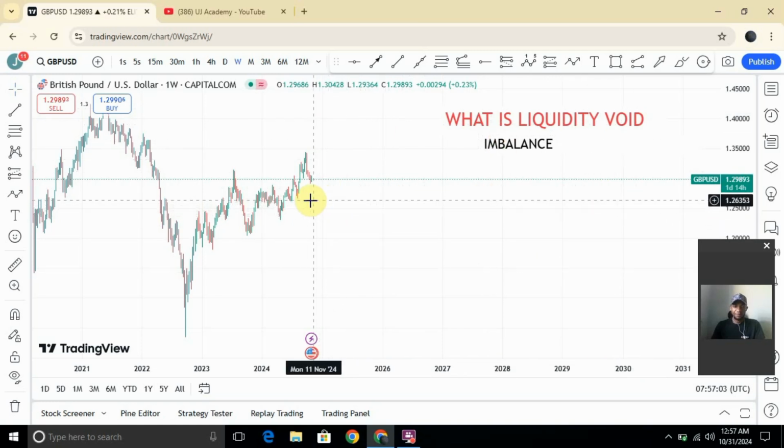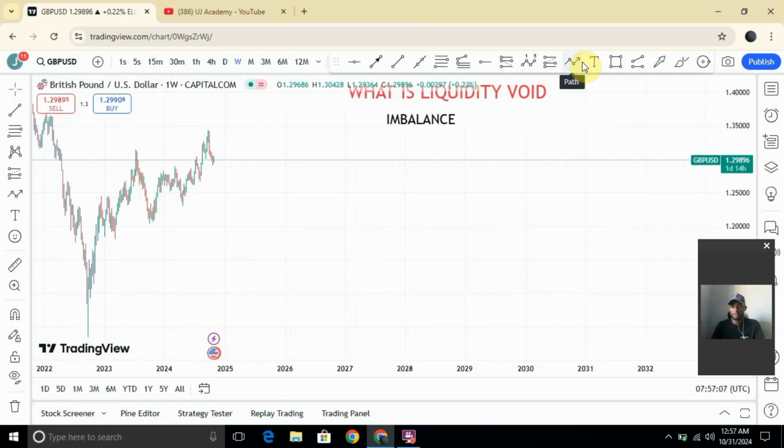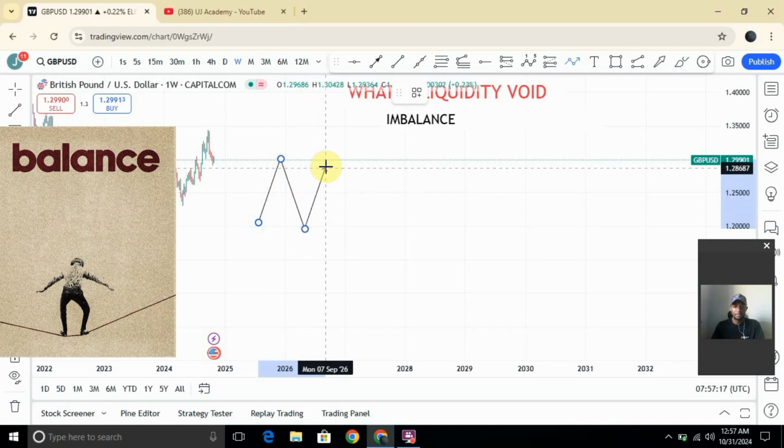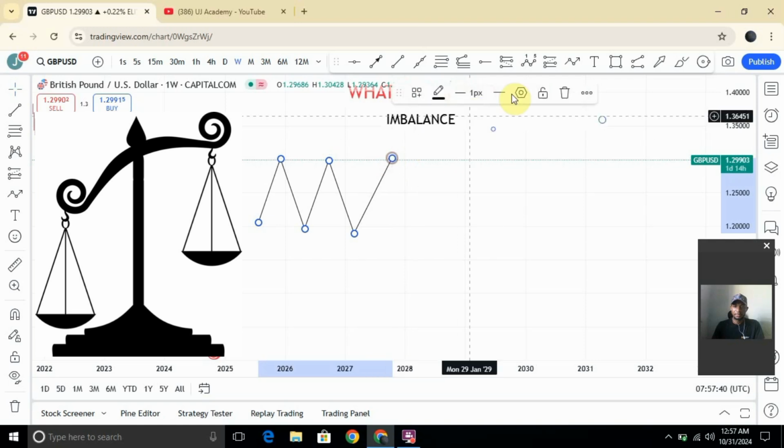Okay, let me give you a diagram representation or explanation of what is liquidity void. For instance, now we have a balanced market like this. It's called balanced because there is no void between the candles. Then all of a sudden we have an imbalance like this.